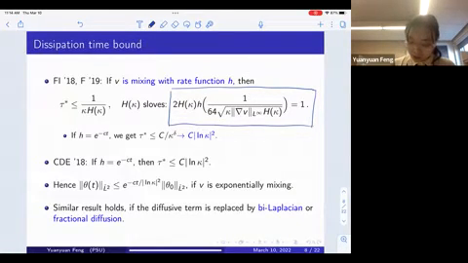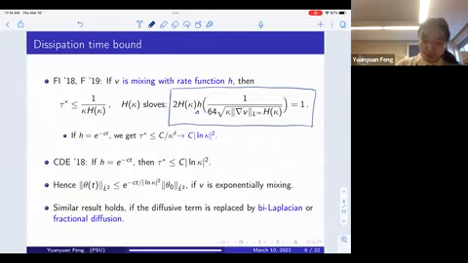So once the rate function H is given, you can solve this capital H explicitly.